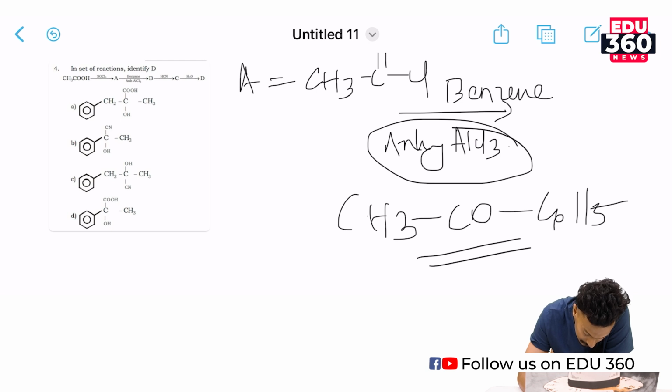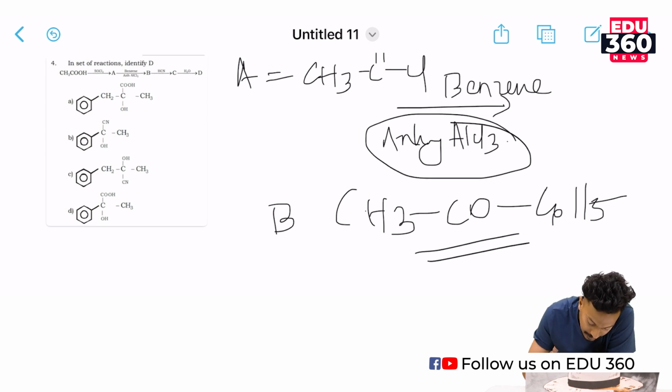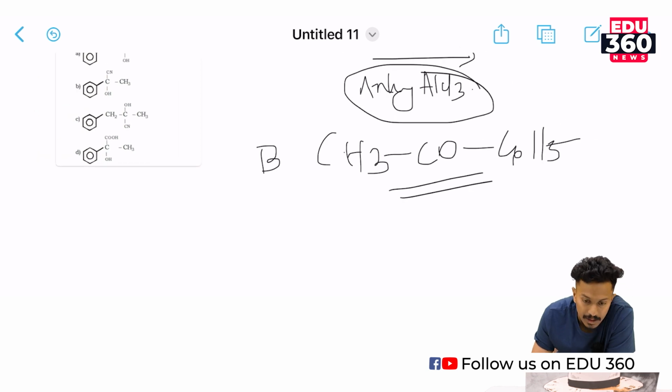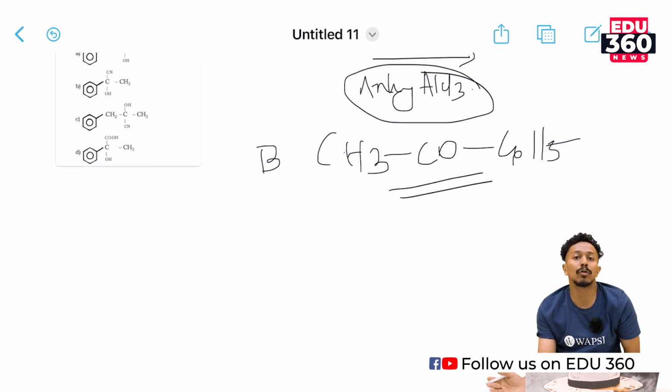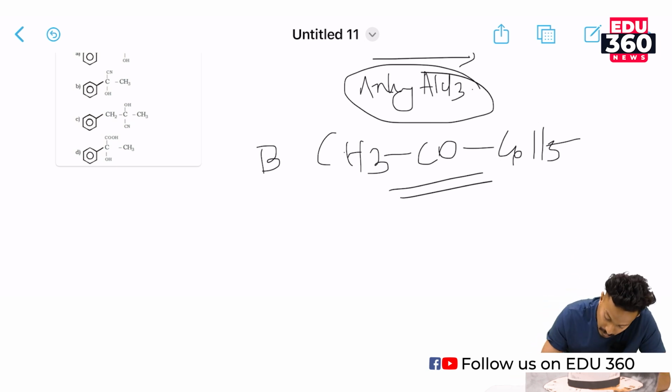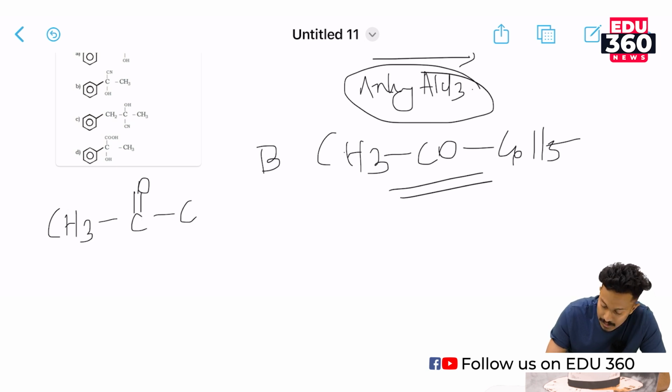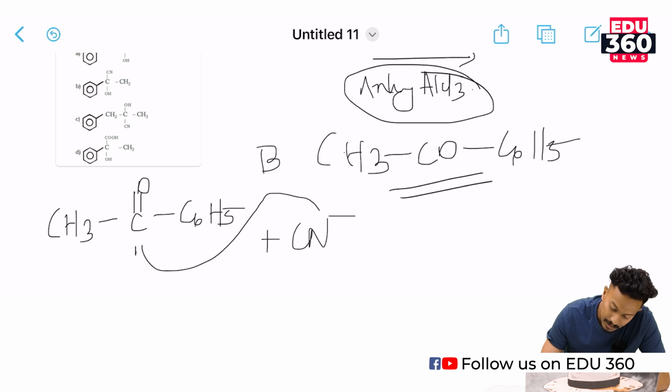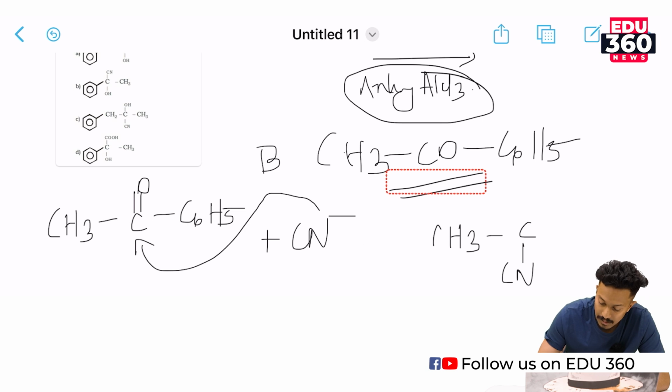And this B is then treated with HCN. How could it be a cyanohydrin reaction? Am I right? Cyanide reaction. So this could be written like this: CH3 C double bond O C6H5. When a CN minus ion attacks the carbonyl carbon, it becomes CH3 C(O minus)(CN) C6H5.